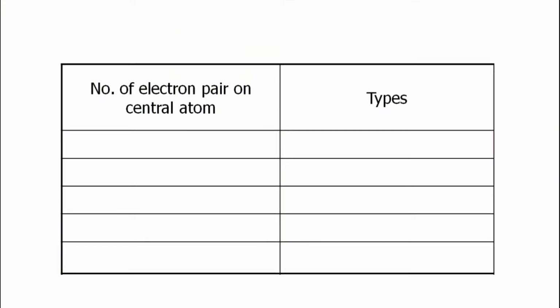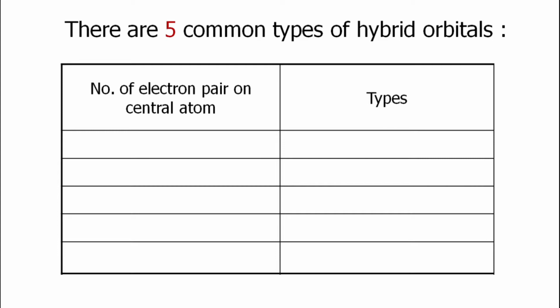As I mentioned previously in the video, there are 5 common types of hybrid orbitals. To determine the hybrid orbitals of a certain molecule, we have to look at the number of electron pairs at the central atom. If there are 2 electron pairs, the type would be sp.